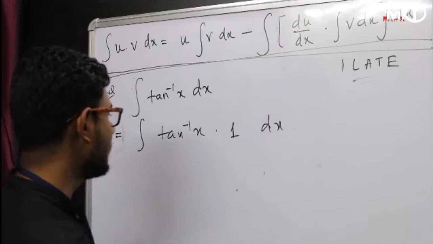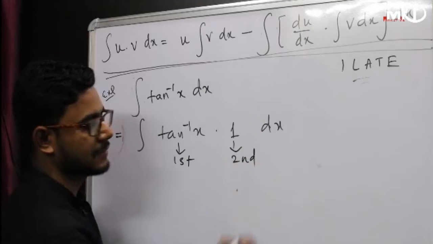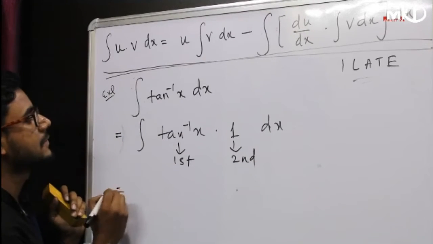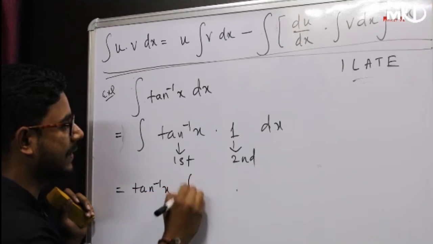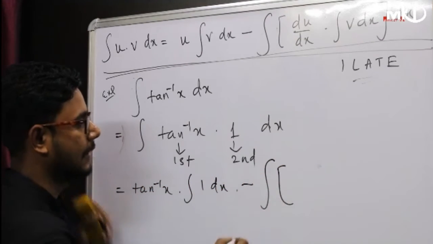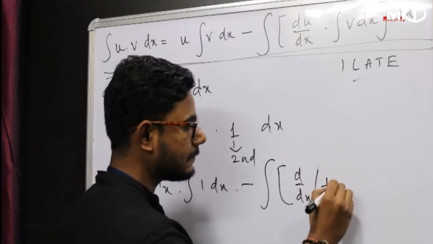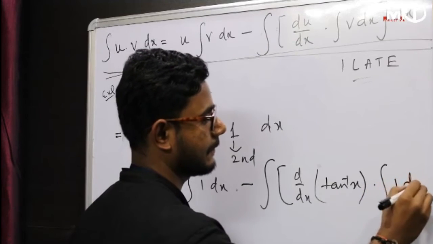That means tan inverse x should be the first function and 1 should be the second function. So now apply by parts. Applying by parts, it will be first function into integration of second minus whole integration of derivative of first function into integration of second.